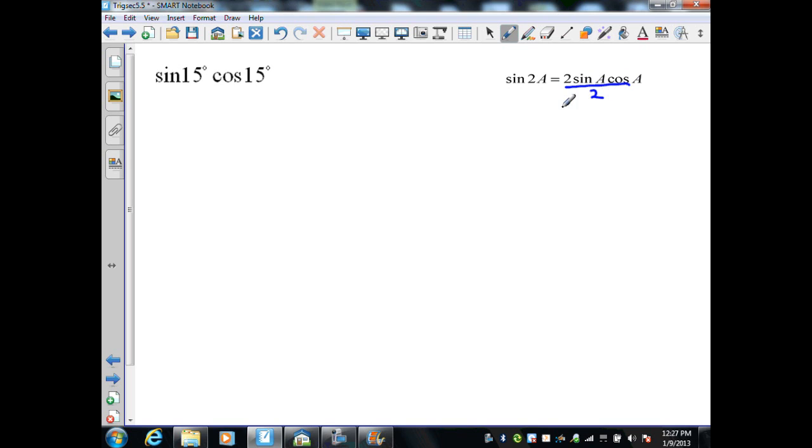I would just divide by 2. Therefore, I would have 1/2 sine 2A equals sine A cosine A. And in my problem, A is represented by 15.